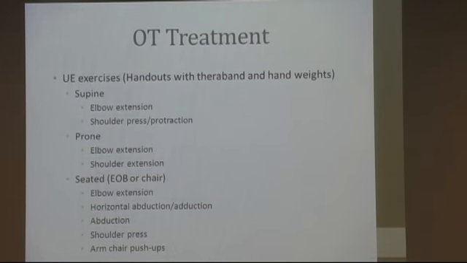And then with OT treatment, we have upper extremity exercises. We have handouts made right now that have varied exercises with TheraBand and hand weights. Right now they have packets made together so every patient can have both exercise sets, so that if they're using TheraBand, let's say in the hospital, they can also have access to some exercises they could then do maybe at home with some free weights.